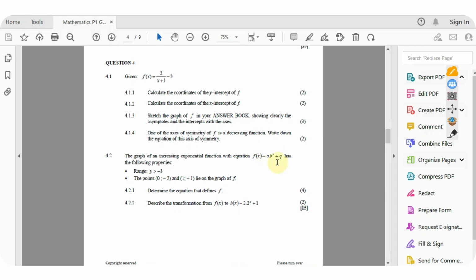Be careful of that. It has the following properties. The range is y greater than -3. So what do we know about the range? It is the y values, and they are saying it is greater than -3.